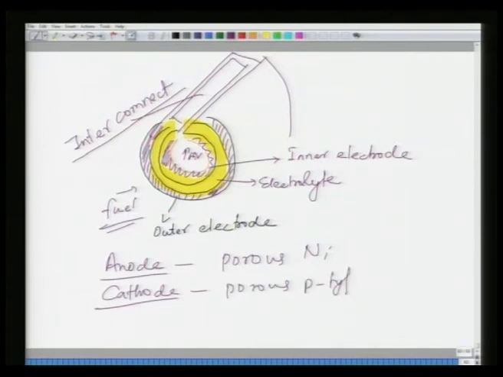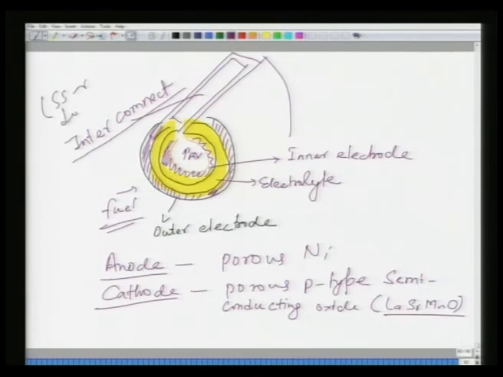So, cathode is typically a porous p type semiconducting oxide, such as lanthanum strontium manganese oxide, LSMO it is called, and interconnects could be stainless steel or some doped oxides. So, interconnects are typically SS or doped steel.